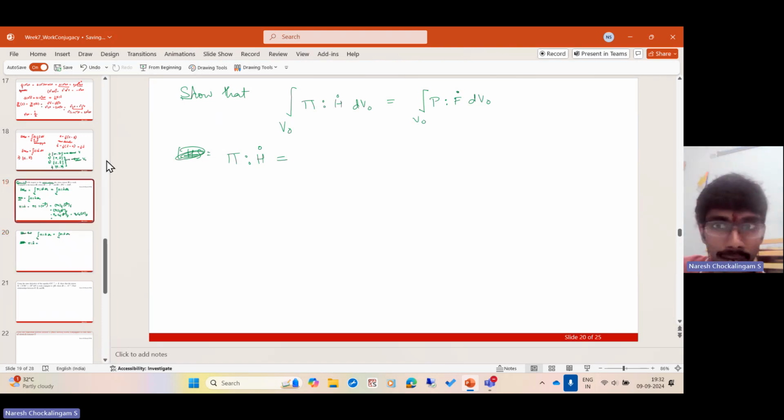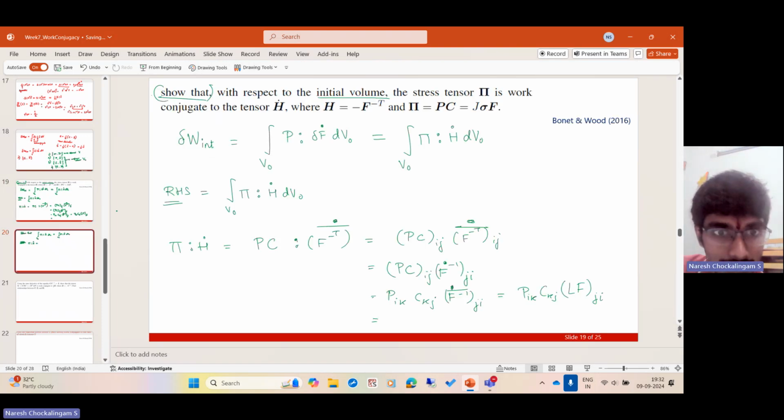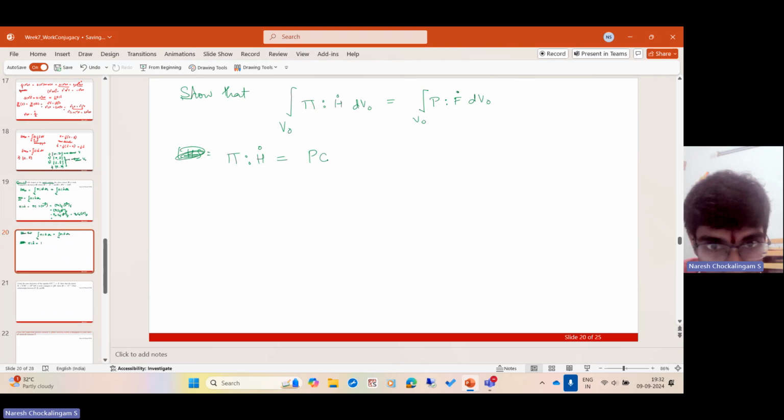Pi is defined as PC. So it is PC contracted with H dot. But what is H dot? It is PC contracted with F inverse transpose the whole dot. But what is F inverse transpose the whole dot? You can write this as PC.